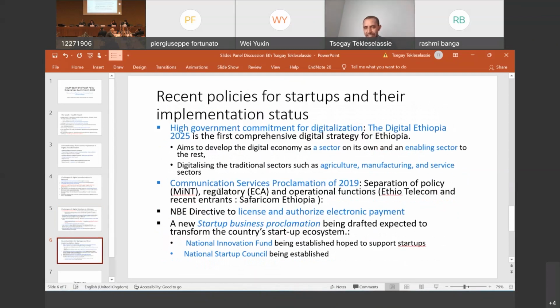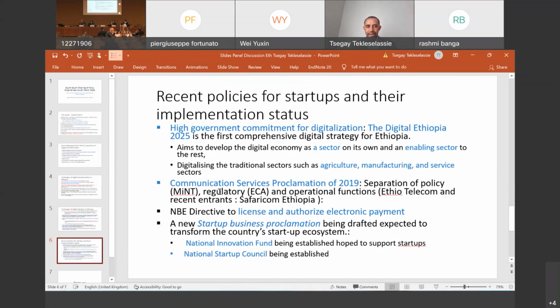The recent policies that give hope for startups: the first one is a very high government commitment to digitalization in Ethiopia. You might have heard about Digital Ethiopia 2025. This is the first comprehensive digital strategy for Ethiopia. It sees the ICT and digital sector not only as an enabling sector, but also as a sector in itself.